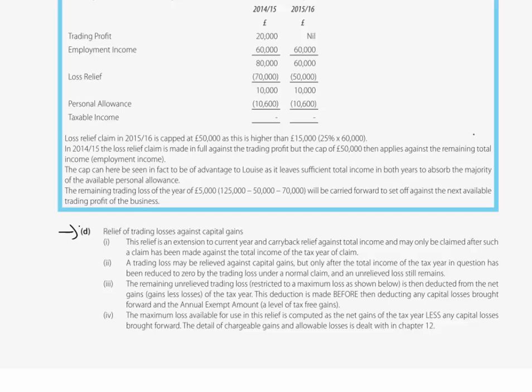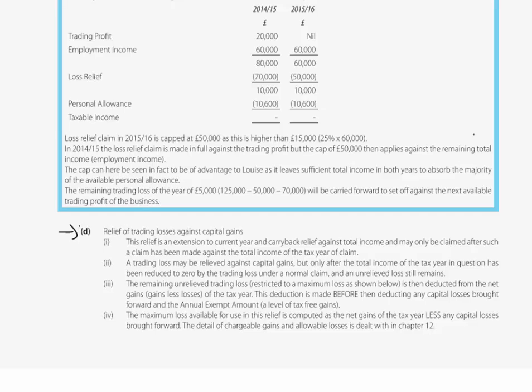So we can take a trading loss, put it against our capital gains, and therefore reduce our CGT liability as a result. Okay, let's see what the details of this are before working a little example.